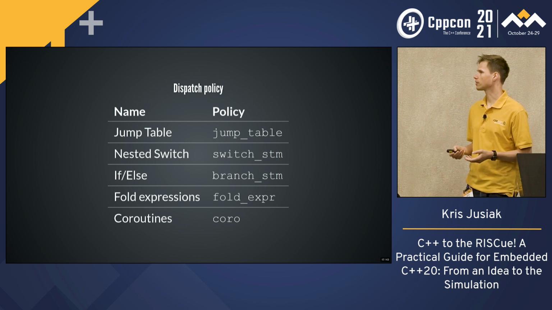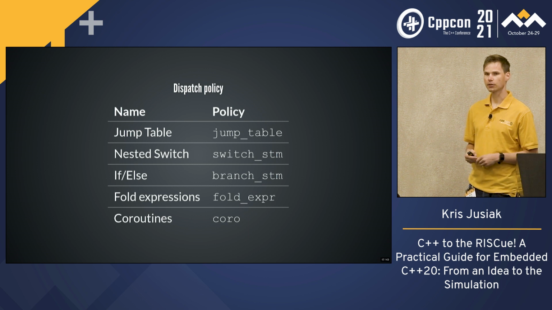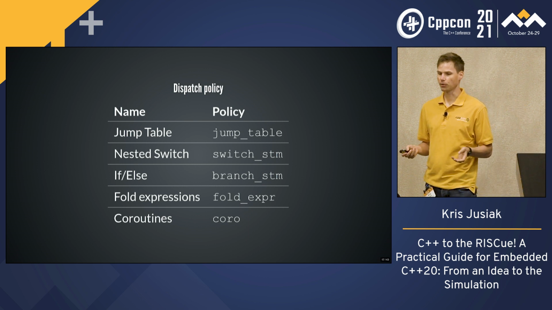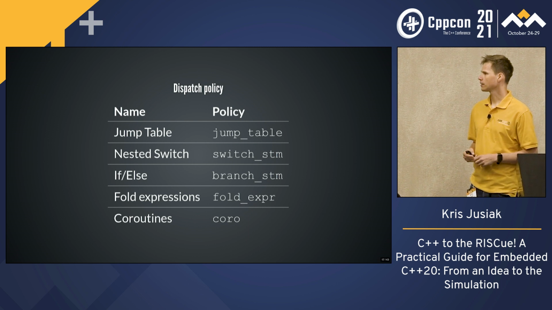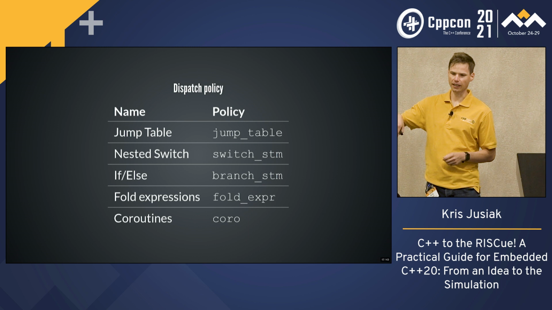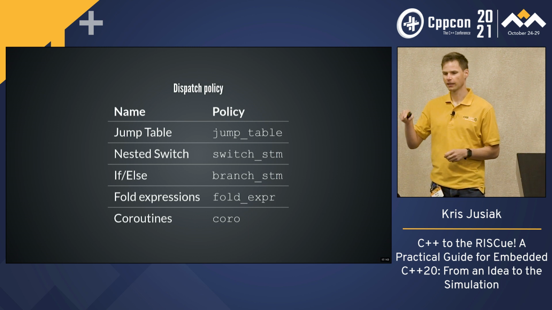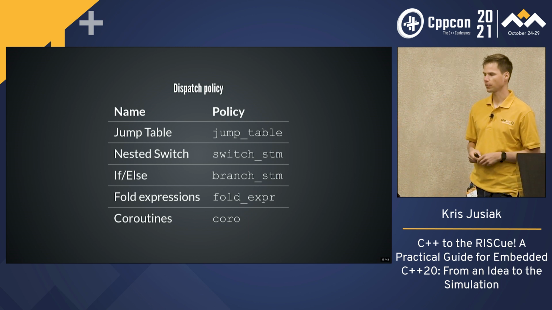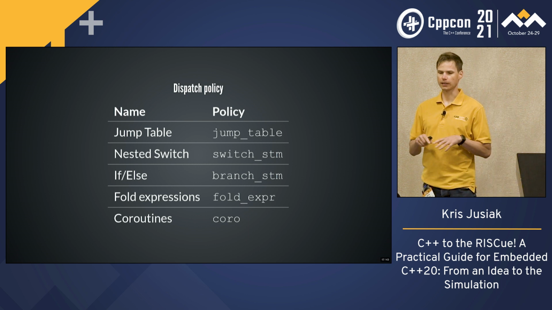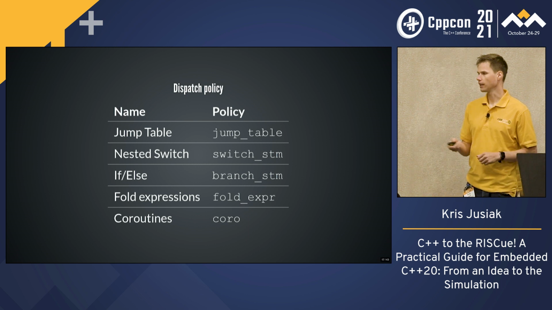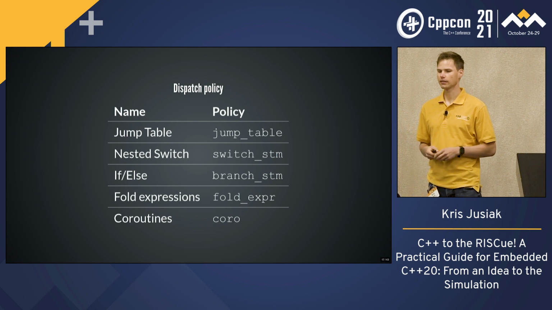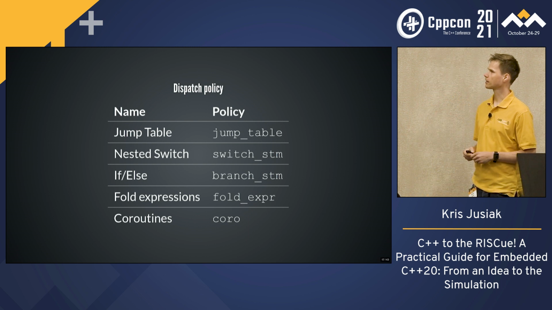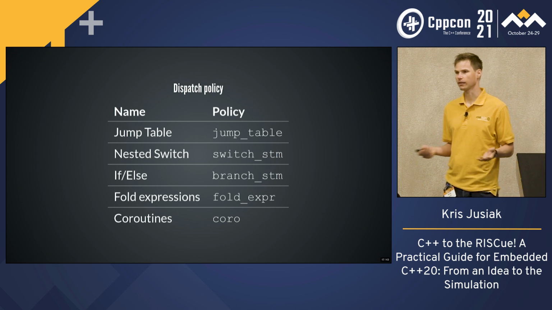So jump table is one of them, generated at compile time. Nested switch, which basically generates a switch for you, and no macros involved, is another one. The trick here is just to switch again recursively in the default statement based on the argument packs and expand one by one. If-else is yet another solution. Fold expressions, that's C++17 as well. Coroutines, yes, we can use coroutines to implement the backend as well. Why not?